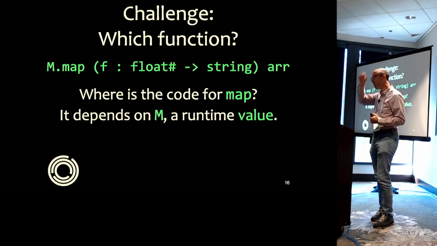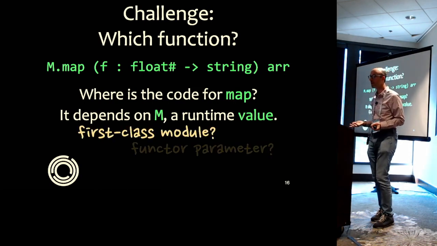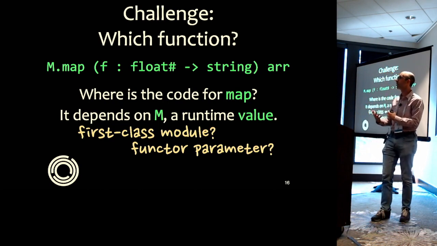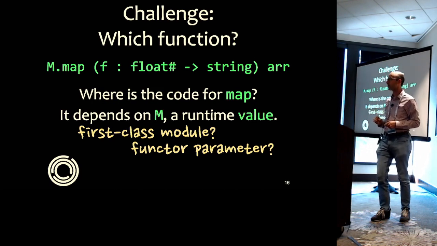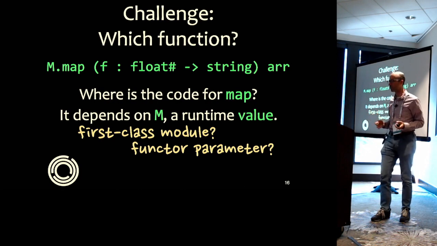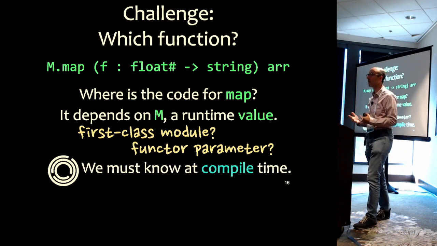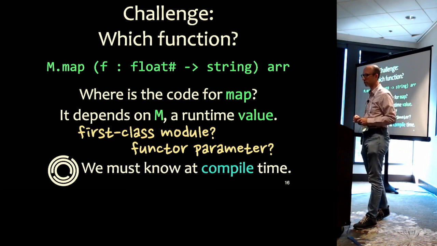And module m is a runtime value. I don't know necessarily where it's come from here. Maybe it's a first-class module. Maybe I'm in the middle of a functor, and m is bound as a functor parameter, right? In these cases, among a number of others, we can't really know exactly where the code for m.map is. And so then we can't monomorphize it. We need to know where this code is at compile time to be able to do that monomorphization.